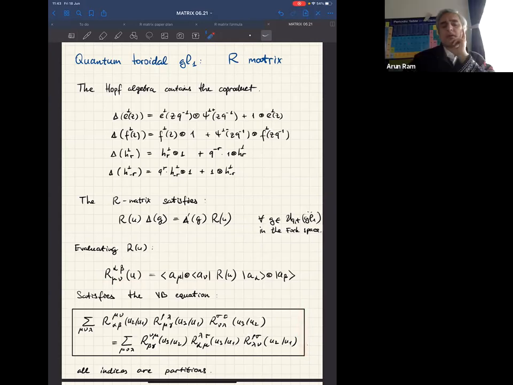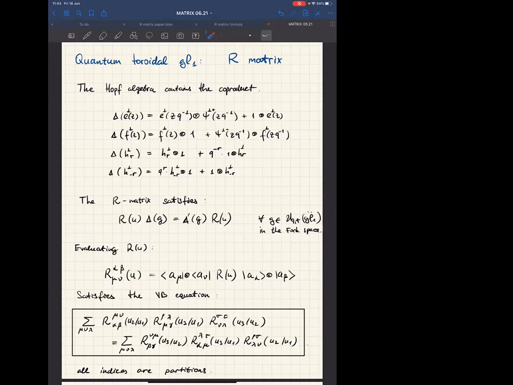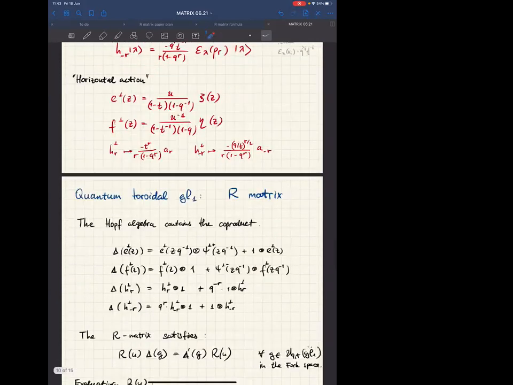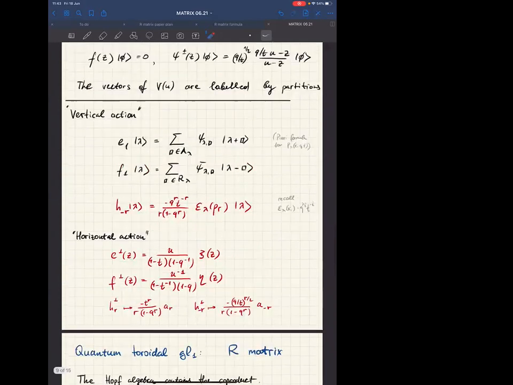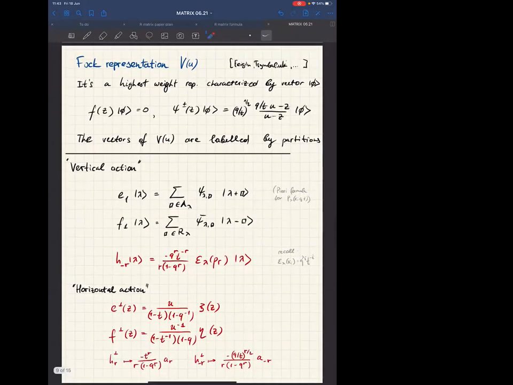Sorry, I'm confused, Sasha. How does the R-matrix get a spectral parameter from just this definition? Good point. This definition is already in the Fock representation. I didn't say that here, but this is directly in the Fock representation. In the Fock representation, we get the spectral parameter in the usual way that we get it in the quantum affine algebra.